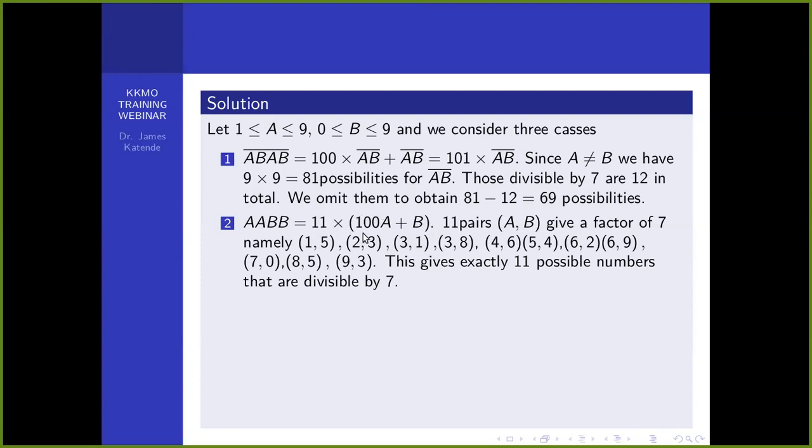So we just need to look for values of A and B which will make this number divisible by 7. If you do this by inspection, you'll find these 11 pairs: when A is 1, B is 5, that will be divisible by 7. When A is 2, B is 3, that will be divisible by 7, and keep checking until you exhaust all the pairs. So we have 11 possible numbers of this form that are divisible by 7. And clearly from the factorization, 101 is not one of the factors.